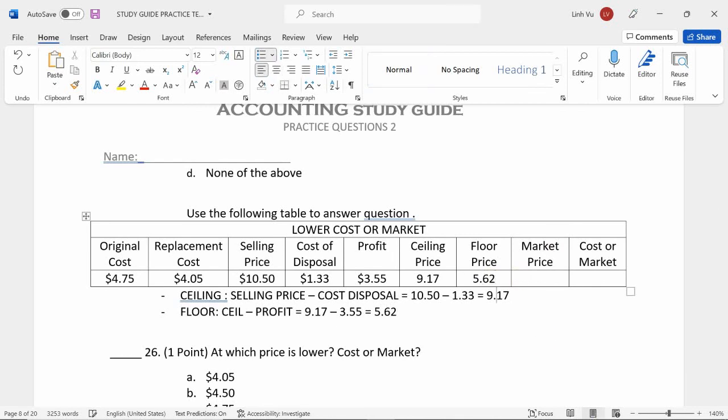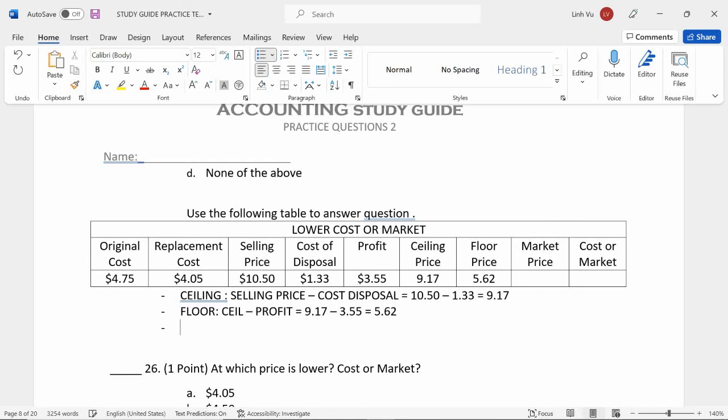5.62. So in this case, now I need to compare the three numbers, right? To determine the market. Which in this case, I'm going to take my ceiling of $9.17. My replacement is going to be $4.05.